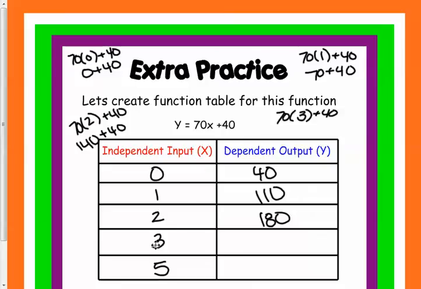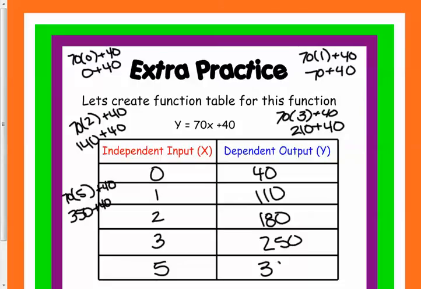Okay, so we got 180 for that one. Now let's do 3. 70 times 3 is 210, plus 40 is 250. And the last one, 70 times 5 gives us 350, plus our 40, and that gives us 390.